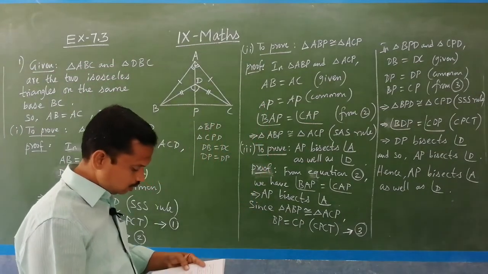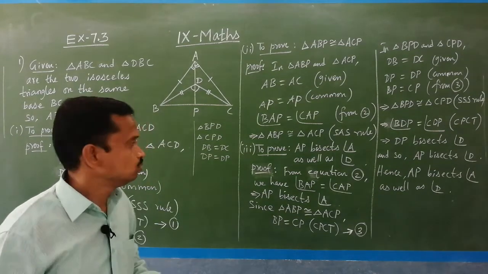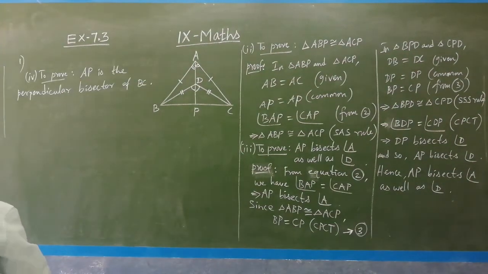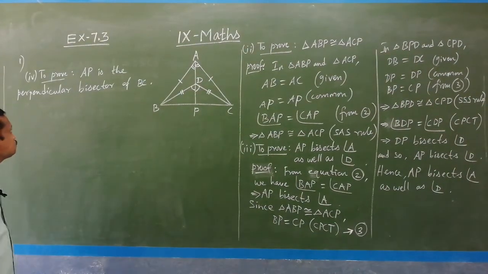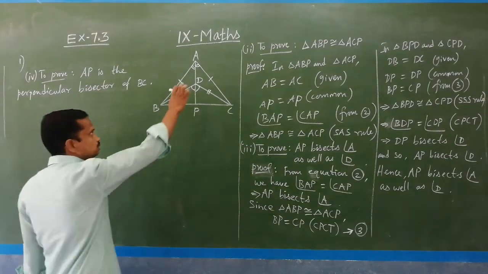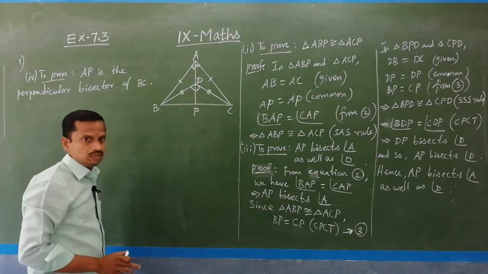That's all. Now one more proof is there. The fourth one: AP is the perpendicular bisector of BC. So now coming to option 4, to prove AP is the perpendicular bisector of the base BC.